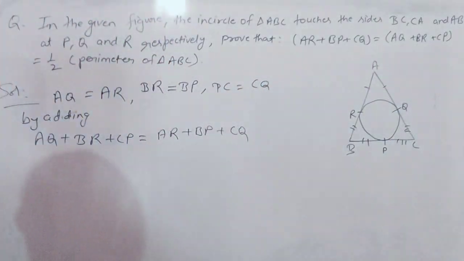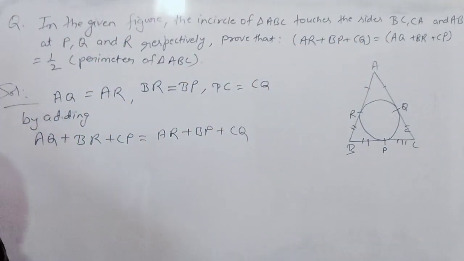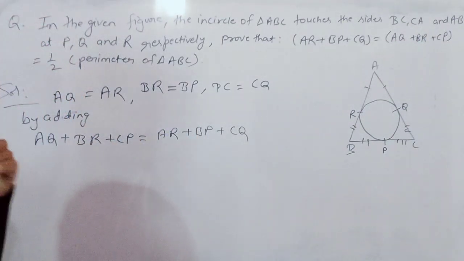Now we have to show that this is equal to 1/2 the perimeter of the triangle. As we know this is equal to this. So tell me, what is the perimeter of the triangle?